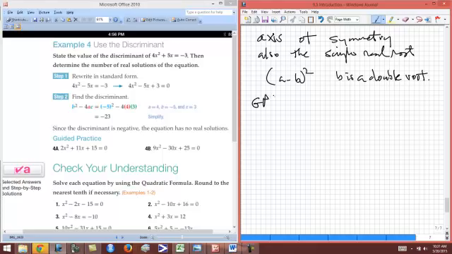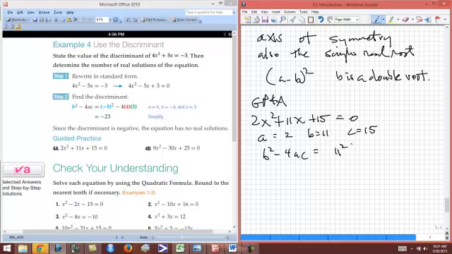Guided practice: 2x squared plus 11x plus 15 equals 0. First of all, let's make sure this thing doesn't factor before we start. Well, actually, no, let's just do the discriminant. So b squared minus 4ac, where a equals 2, b equals 11, and c equals 15. So b squared minus 4ac equals 11 squared minus 4 times 2 times 15.